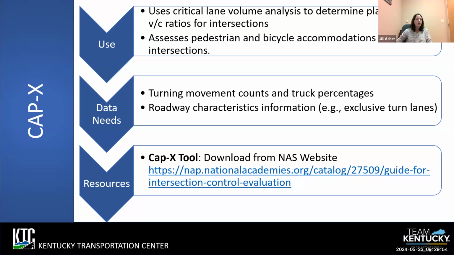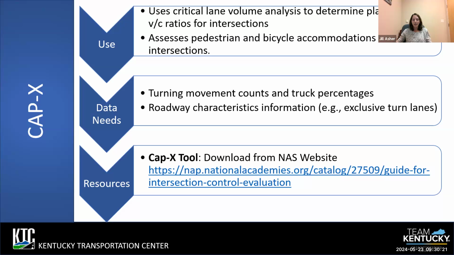So as I said, CapEx does a couple of things. It uses critical lane volumes to find a V/C ratio for intersections. And then also, in this updated version of CapEx, the previous version had multimodal tabs as well, but they've updated them using Ohio DOT spreadsheets, and they have a bike and ped accommodation rating.